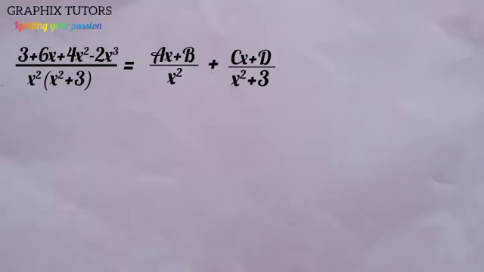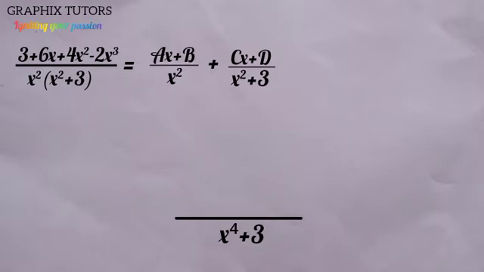Now, you can try this on your own. What if I have the denominator as x to the power of 4 alone? So let's just try x to the power of 4 plus 3. Now, what do you think their numerator will be written as?